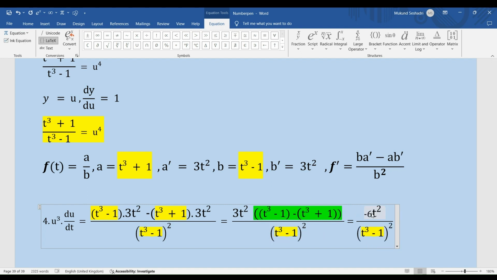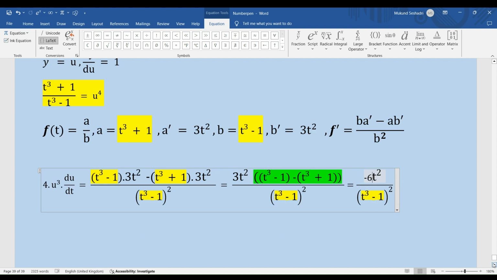So that's my answer, but not for du by dt, because I'm just drawing your attention to what we have on the left of the screen. On the left of this particular expression, we don't have a du by dt. What we have is a 4u cube du by dt, right? So what do I do to represent everything in the form of t, right?